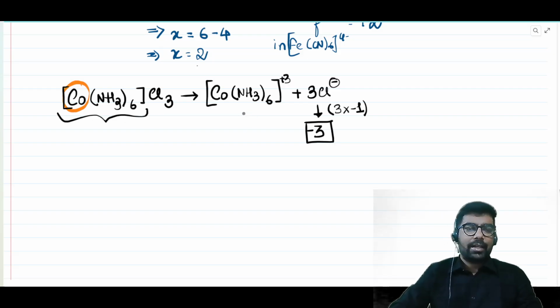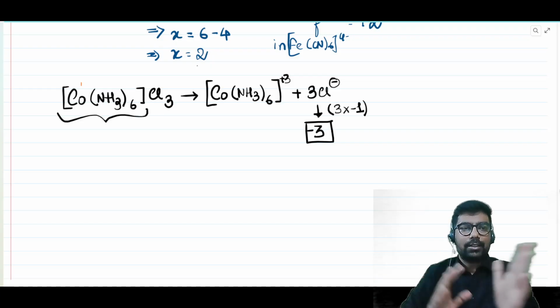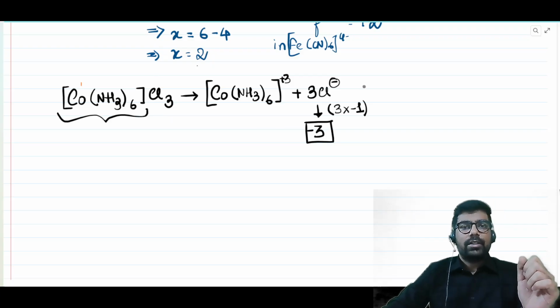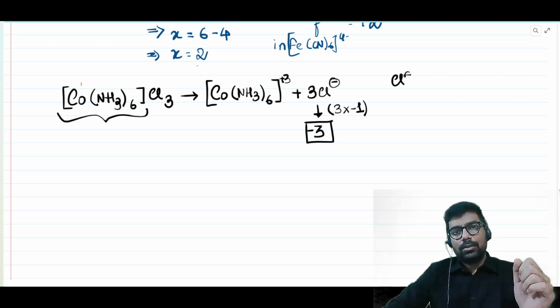Clear? Again I am explaining, understand this. Overall this molecule is neutral. Now we have to find the charge of this coordination sphere. We know that Cl minus has a charge of minus 1.